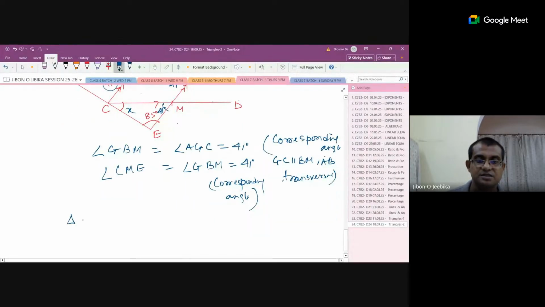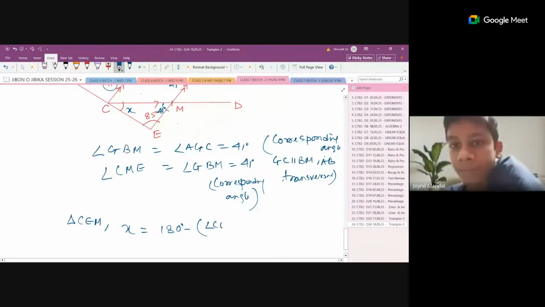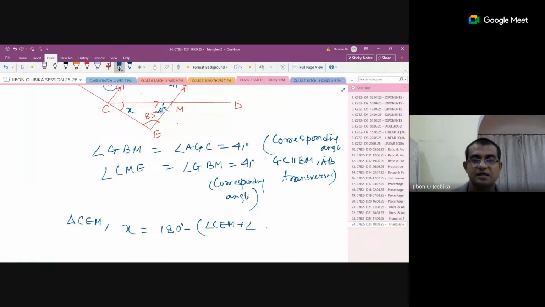সো ট্রায়াঙ্গেল CEM এর x is equal to 180 degree minus CM 85 plus angle CME.